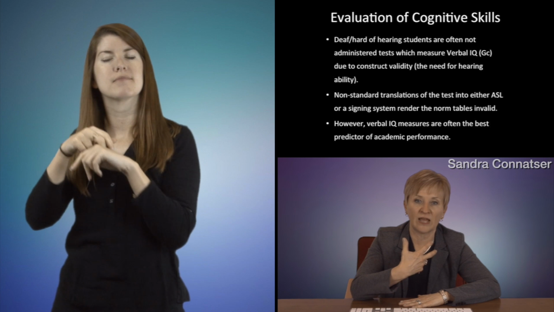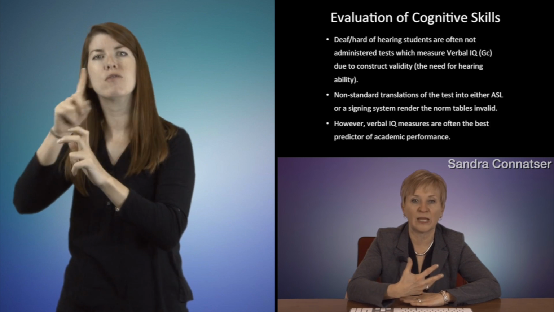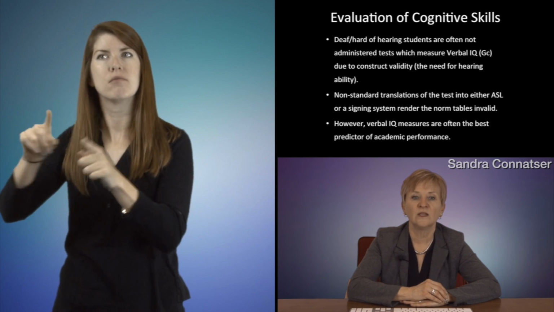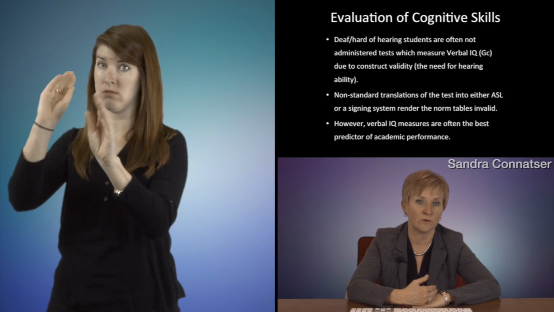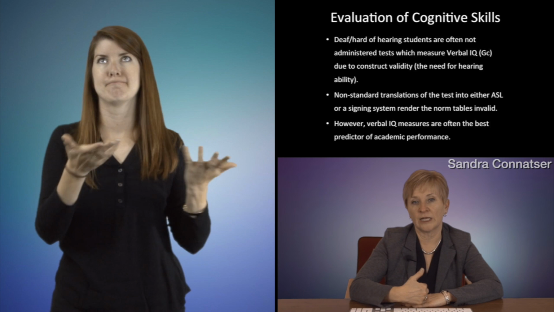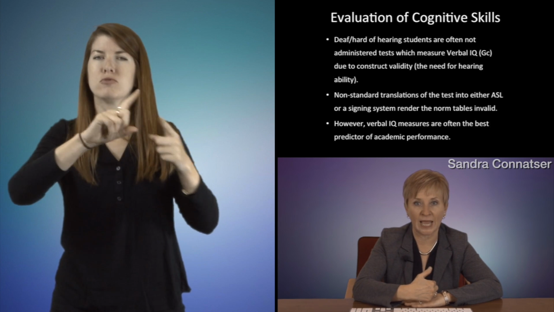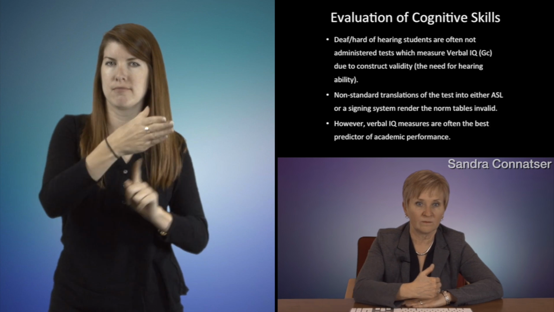These students have not had access to incidental information over time. So if we give these tests to students who are deaf and hard of hearing, often we are not able to measure their actual ability in this area.